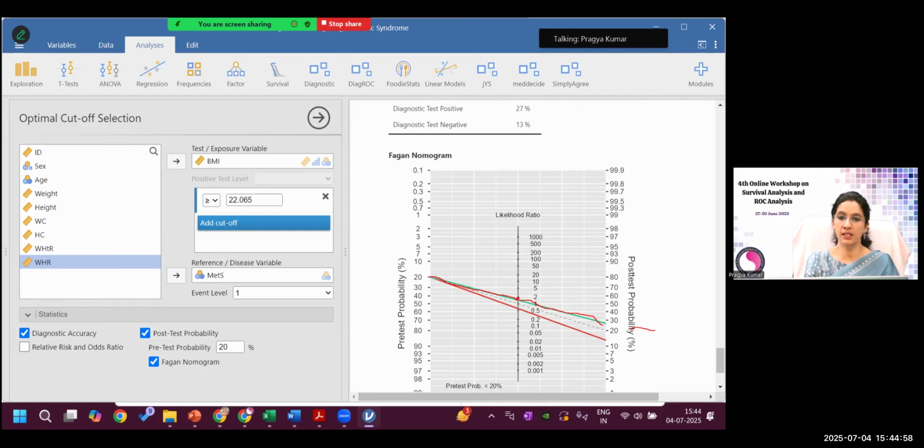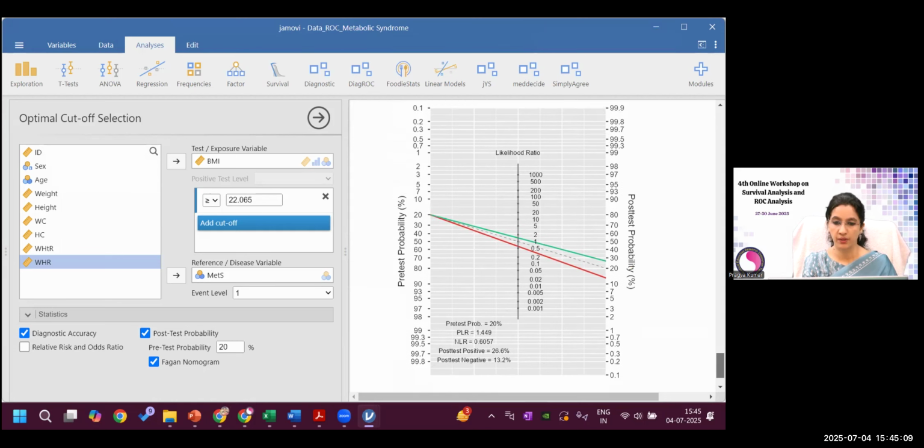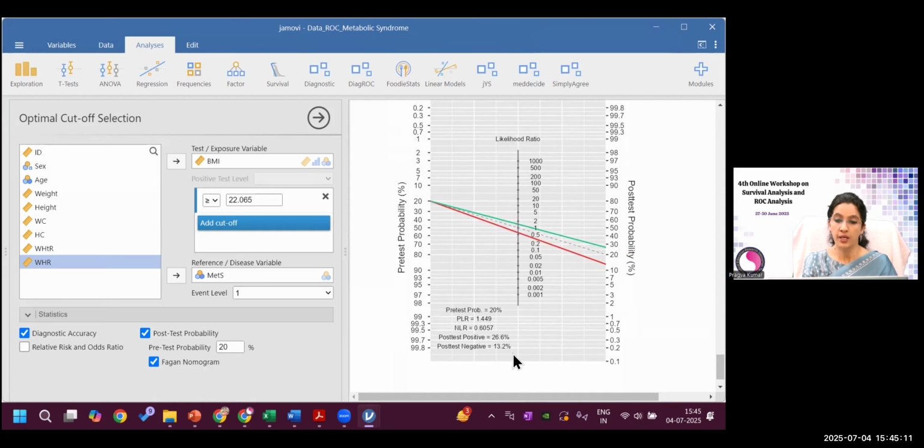Similarly, for a negative diagnostic test, if you see the probability, it is 13%. And we have said that if the likelihood negative is less than 0.1, then only it is good. So if we see 13.2, how will we interpret that? If the person has tested negative, there was only a 13.2% probability that he will actually not have the disease.